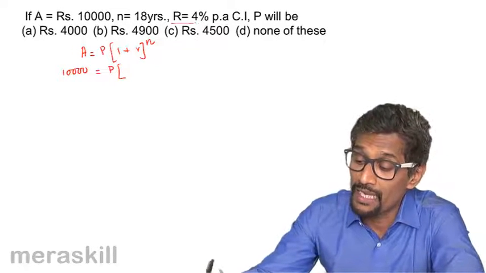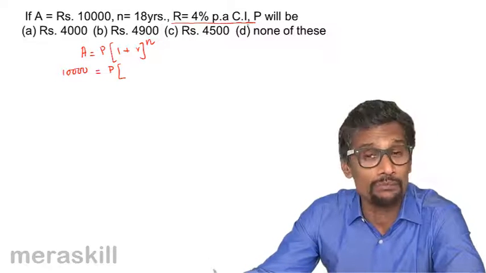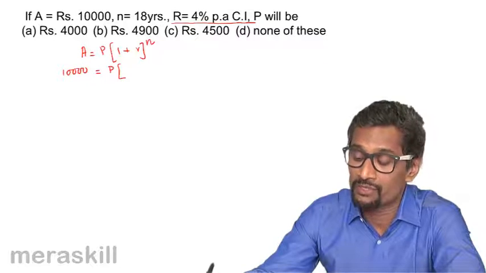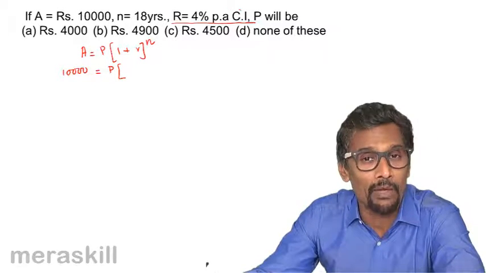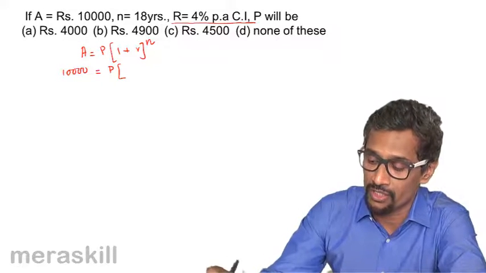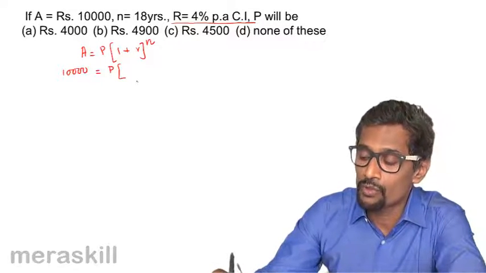Now this is where the candidates have to read. If it's not mentioned, it is calculated annually. Otherwise they would mention rate is 4% per annum compounded annually, semi-annually or quarterly. Then you have to change it accordingly. So this is 1 plus 4%.